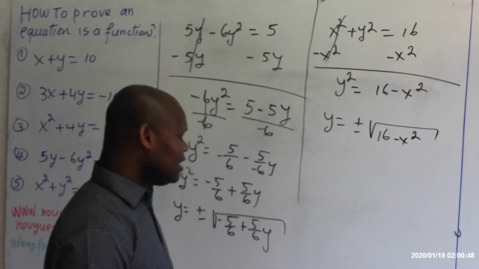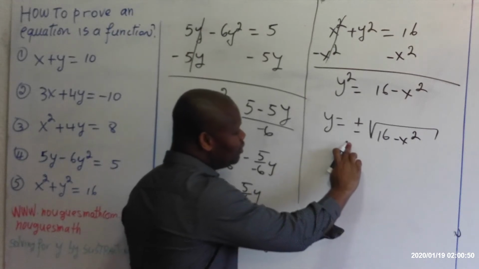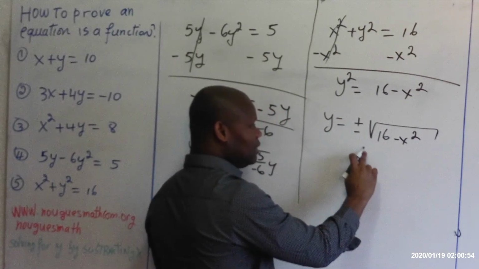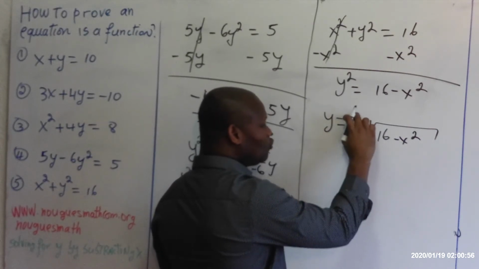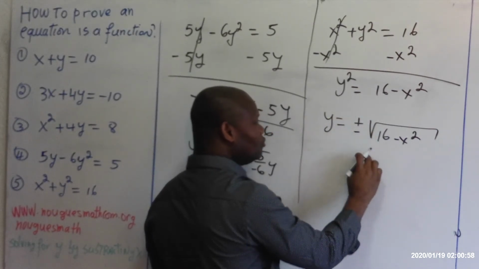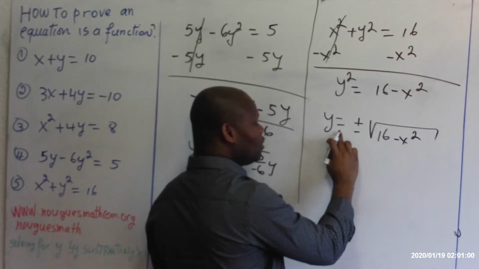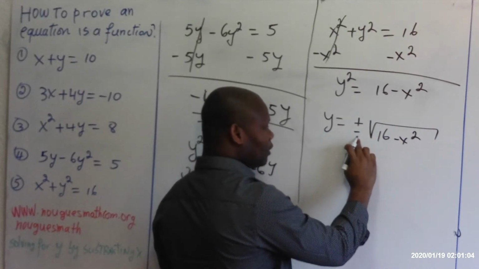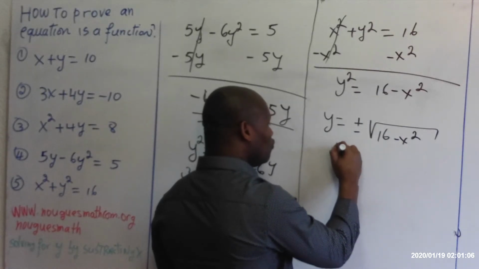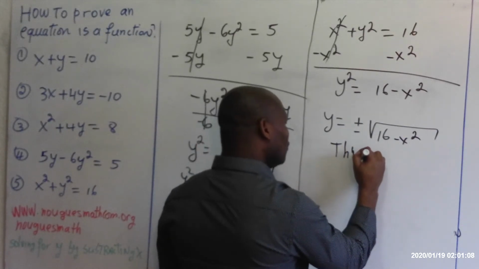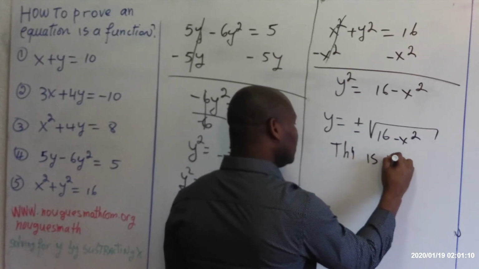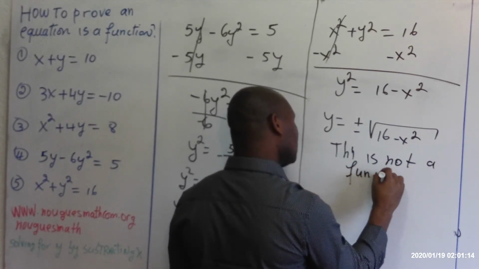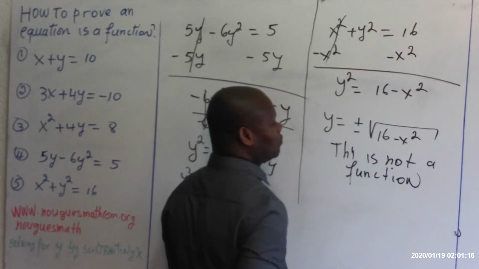So that's easy. You can already see this equation is not going to be a function because there are two values for y. One value will be positive, another value will be negative. Therefore we can quickly say, okay, this is not a function.